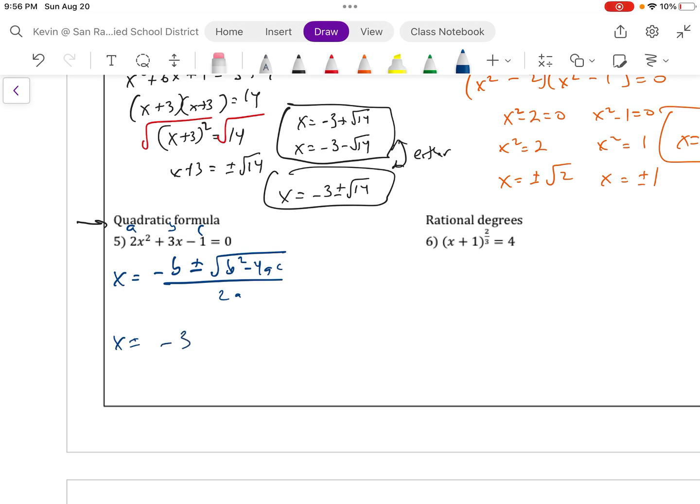So x equals -3 plus or minus, oops, okay, plug everything in and do the math, and we get -3 plus or minus the square root of 17, over 4.